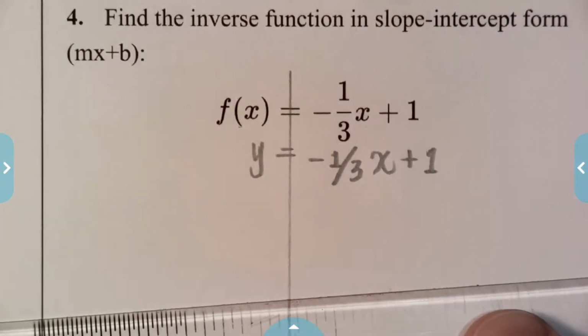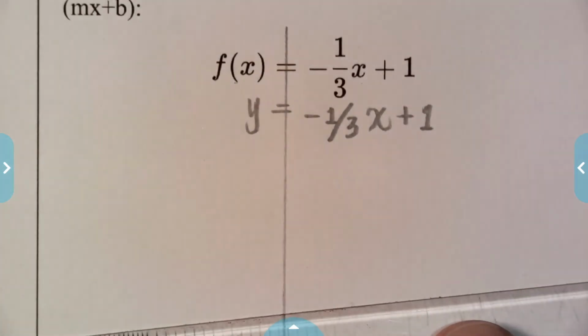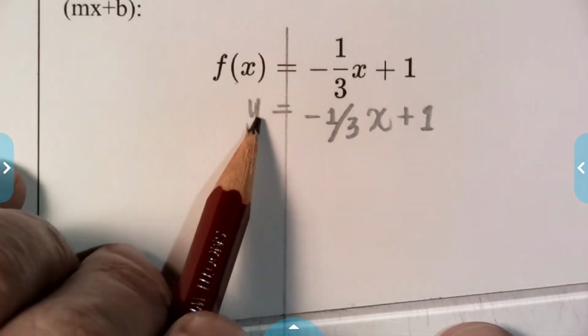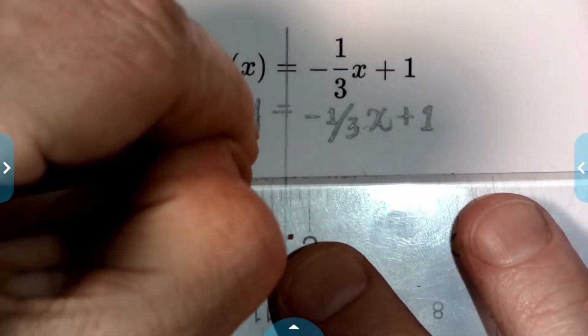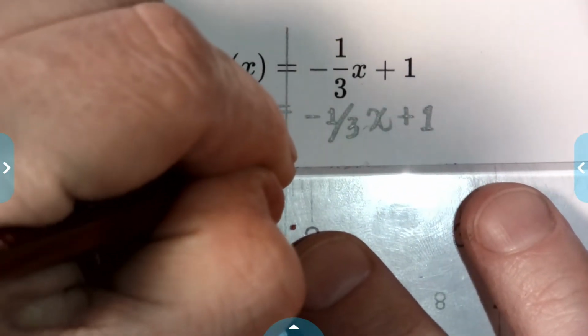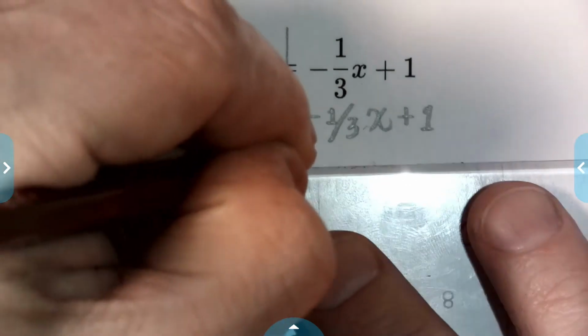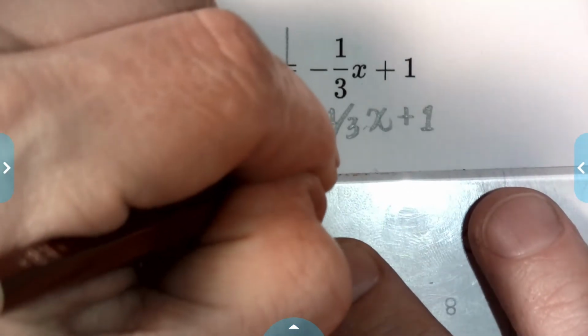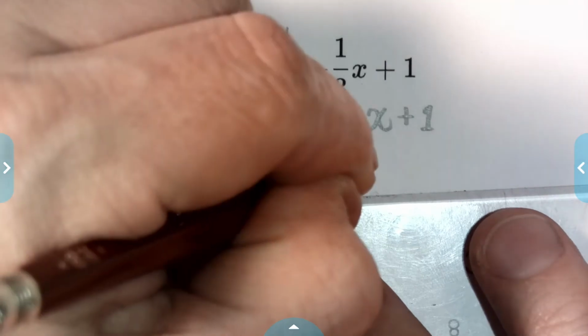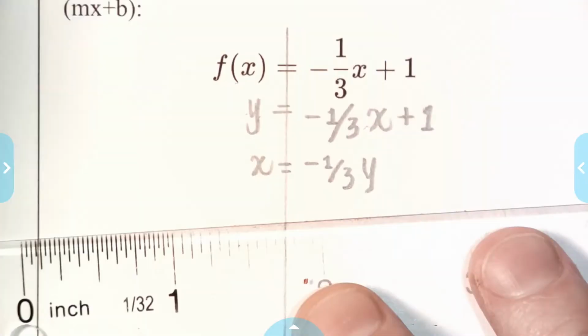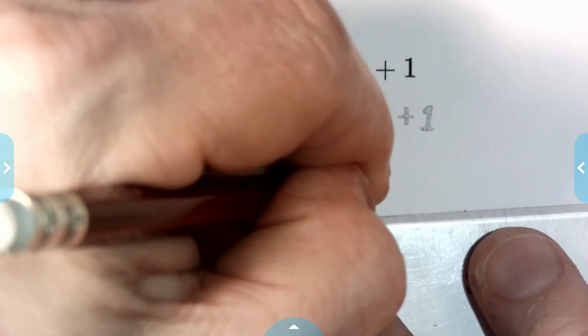Okay, and so now my next step is to swap the x and the y. Okay, so x equals negative 1/3 y plus 1.